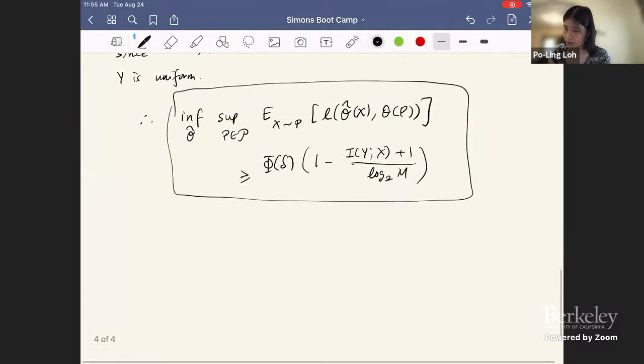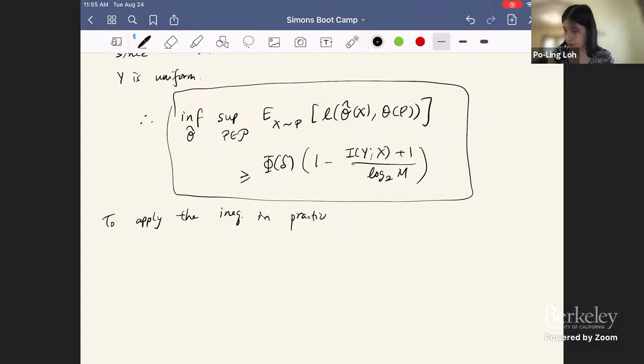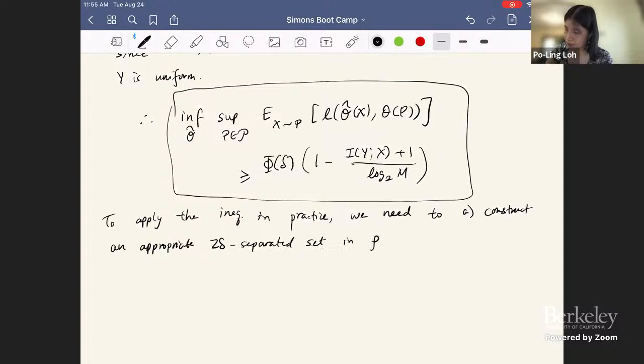And now, the main point is that to apply this inequality in practice, we need to, let's say, A, construct an appropriate 2 delta separated set in the rho metric, and B, upper bound the quantity I of y, x.